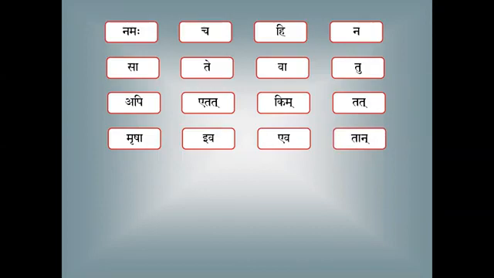Tana. Not Tana. What is the last letter? Is it Na? Na doesn't look like that. The first word, Namaha, it is Na. This is not Na. Tanu. Not U. Where is U? The vowel sound U. Stroke. Therefore, it is Tan.